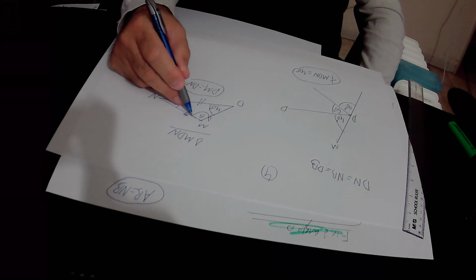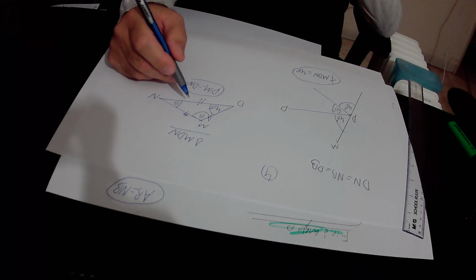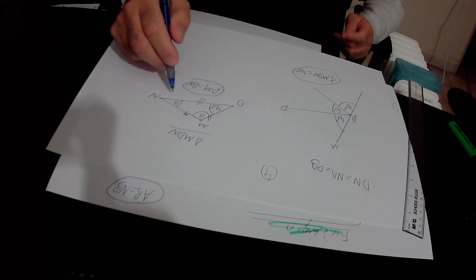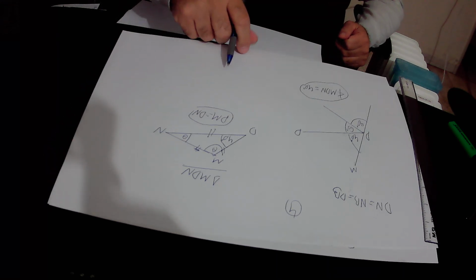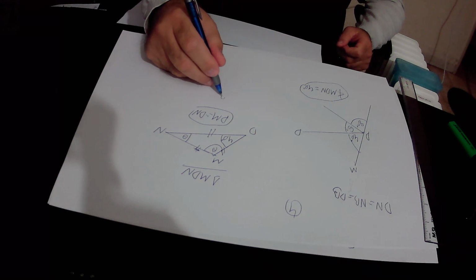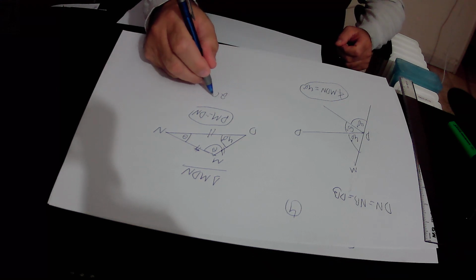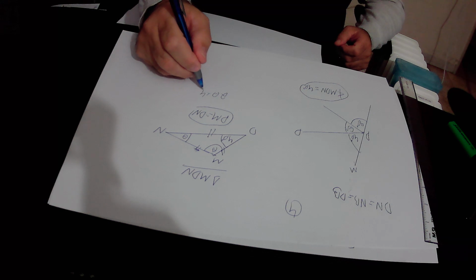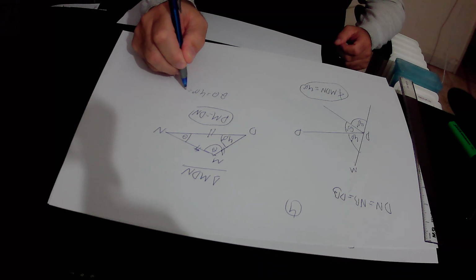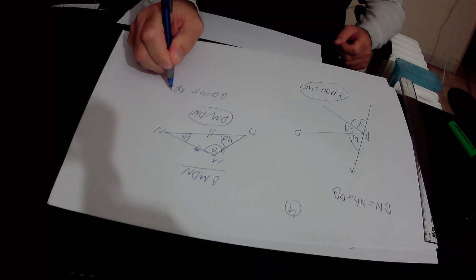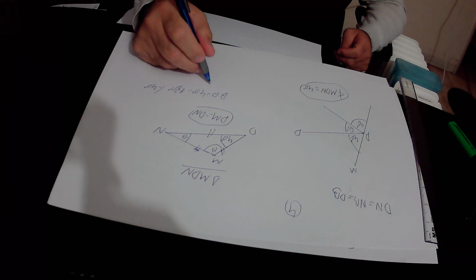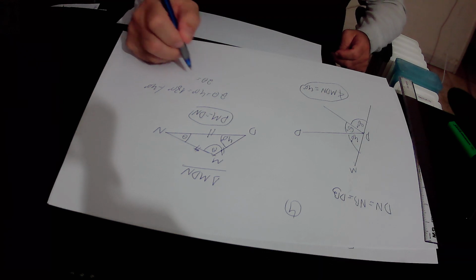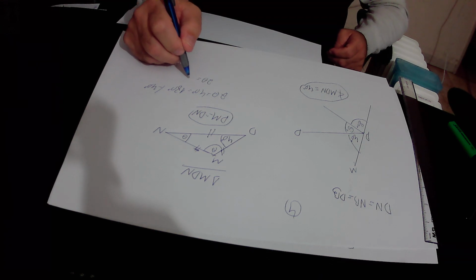Again, the sum of the angles in triangle DMN must equal 180 degrees. Theta plus theta is 2 theta, so 2 theta plus 40 degrees equals 180 degrees. We subtract 40 degrees, and we get that 2 theta equals 180 minus 40, which is 140.